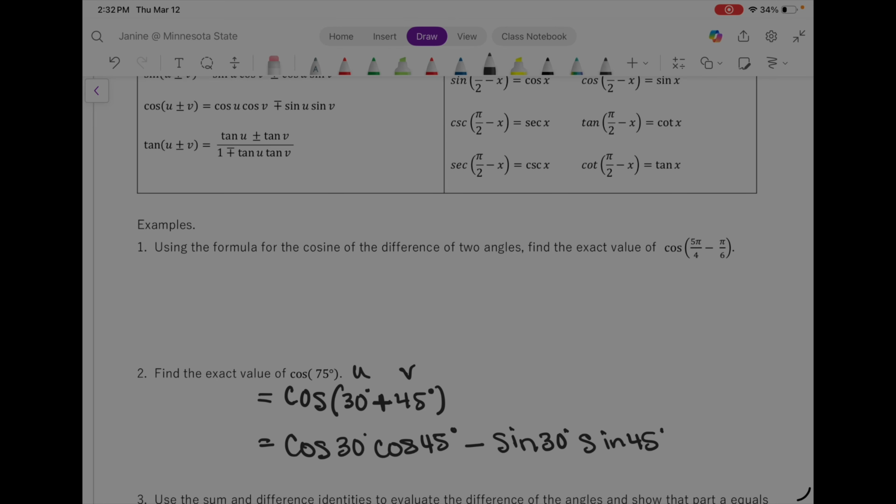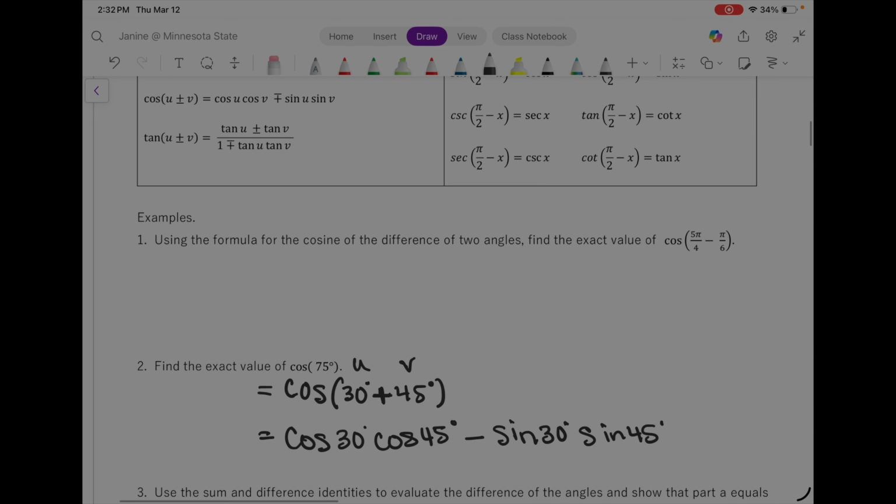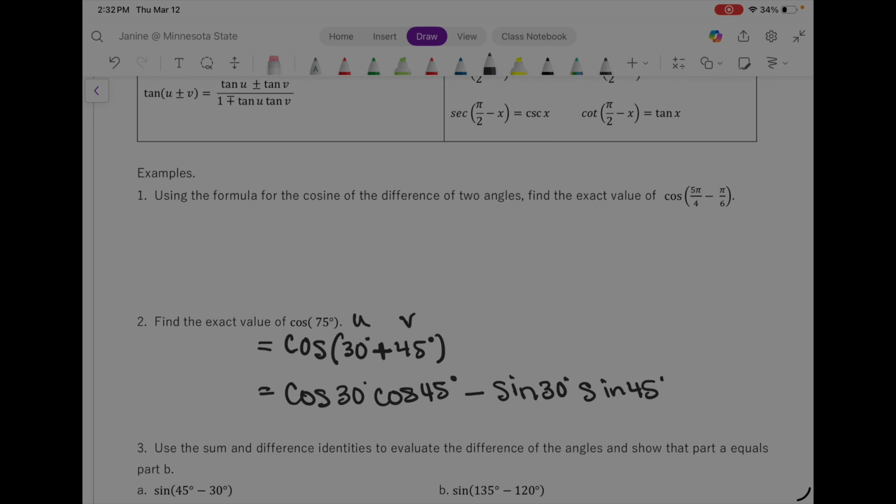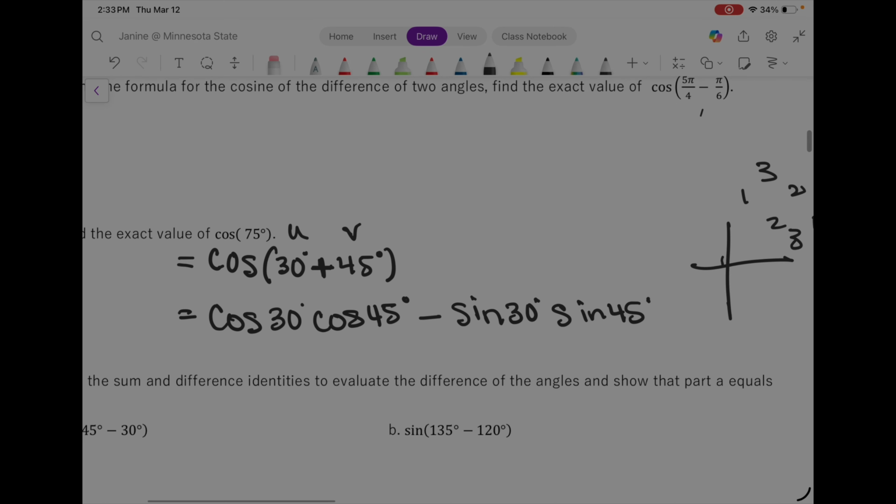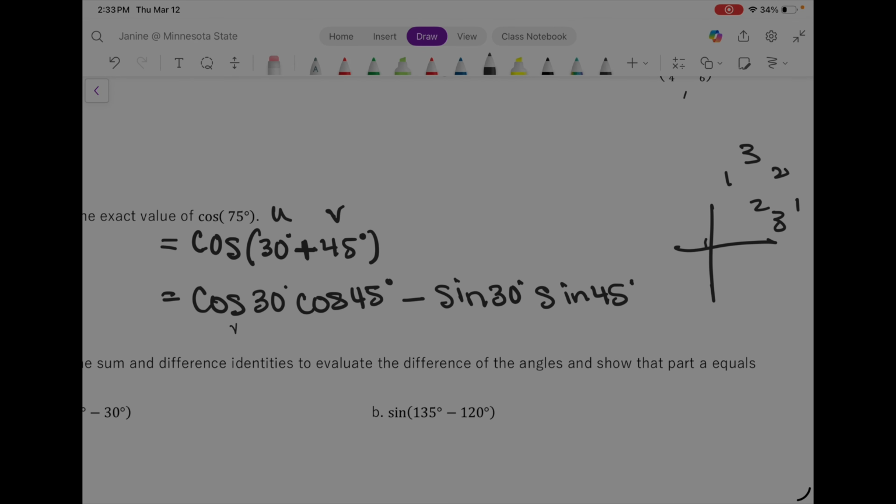If you don't have one handy, you generate one on the fly, right? Quadrant 1 of your unit circle: 1, 2, 3, 1, 2, 3, they're all rooted and they're all over 2. So the cosine of 30 degrees is root 3 over 2. The cosine of 45 degrees is root 2 over 2, minus the sine of 30 degrees, which is 1/2, times the sine of 45 degrees, which is root 2 over 2.